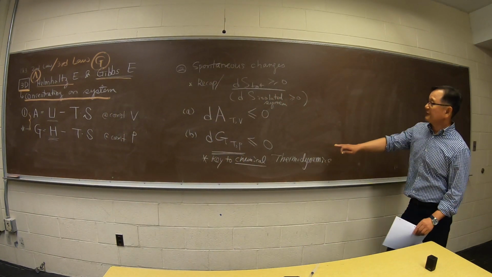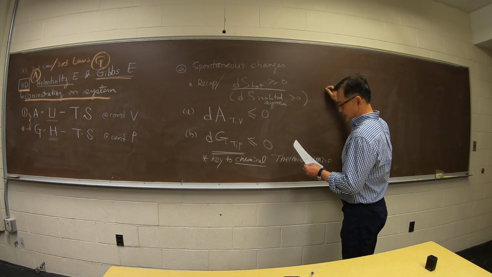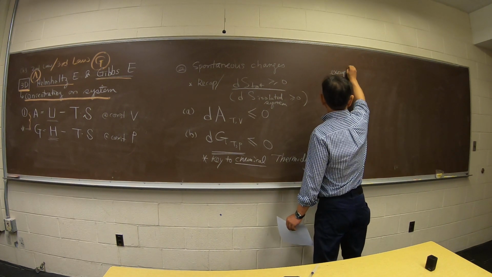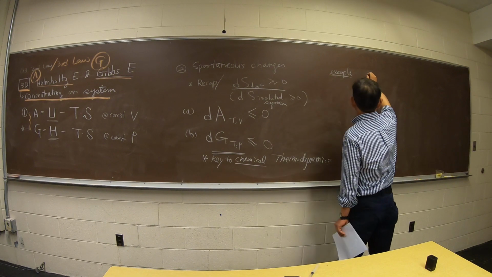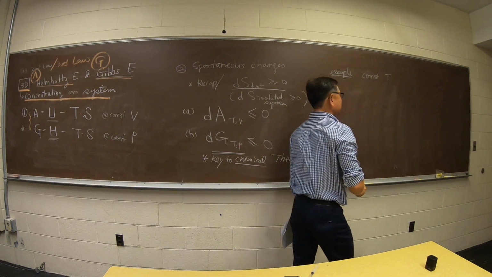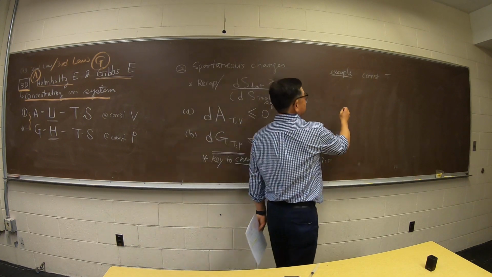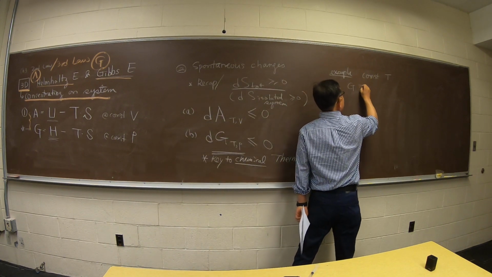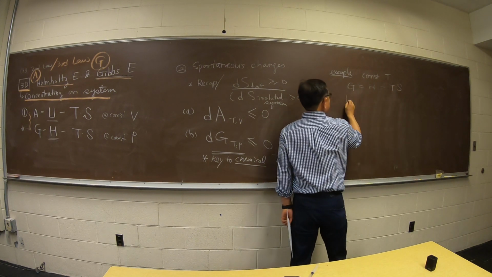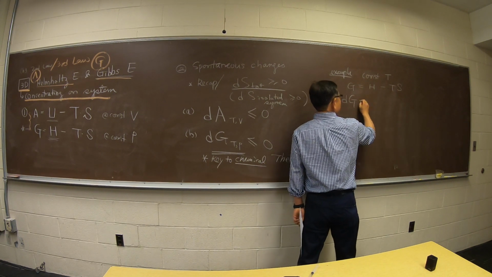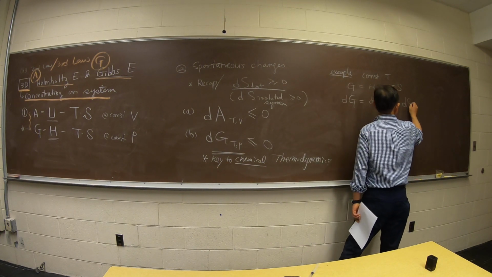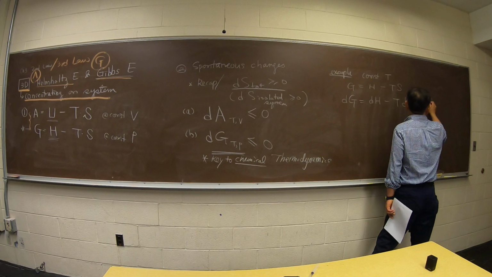So I will take this one and give two examples here. So one example, actually this is one example. I'm going to choose constant temperature. Right? And having G as H minus TS, the change in G must be dH minus TdS minus SdT.